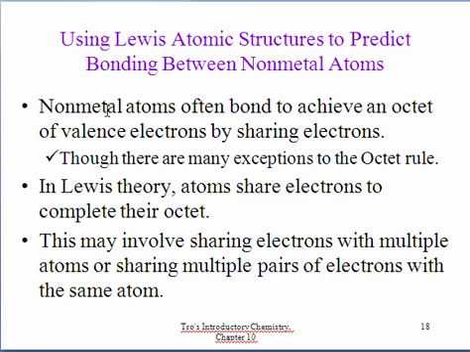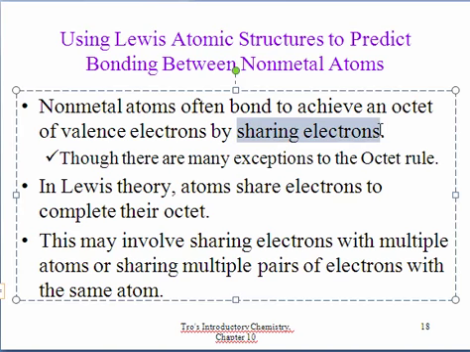Now, as we said, nonmetal atoms often bond to achieve an octet of valence electrons by sharing electrons. Metals always have to lose electrons, but nonmetals can gain electrons or they can share.